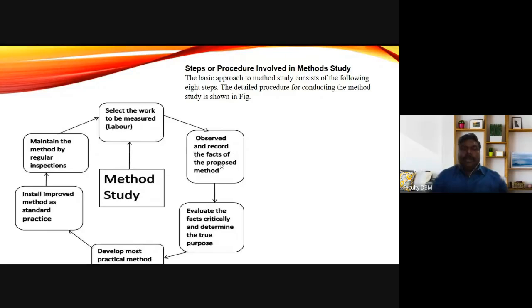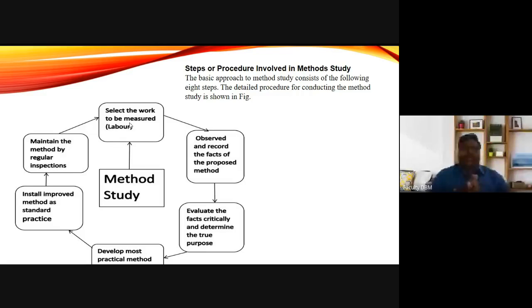We'll be having so many charts, and we have the techniques to record and to select the things. Those are the 2 steps which need to be studied in detail, so that the other things we can do compulsorily, it will be followed. So selection of work is very important, and how to observe and how to record these proposed methods is very important.